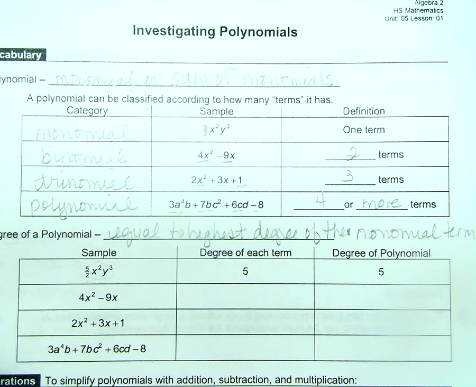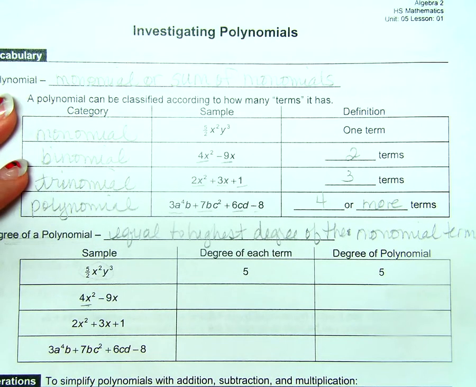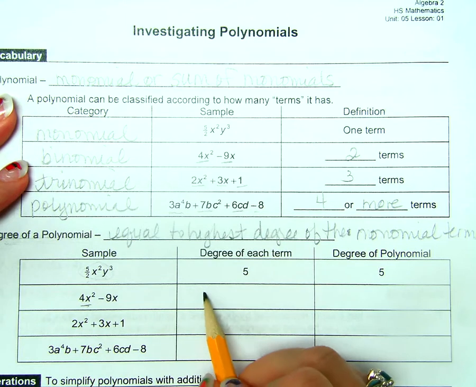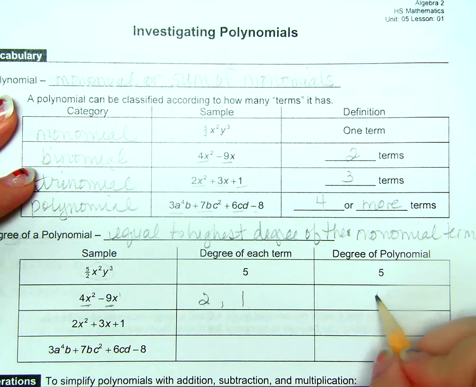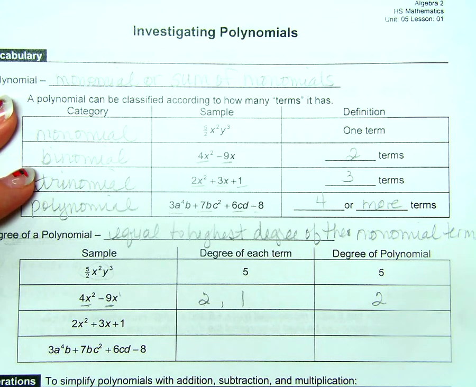So in the next problem, what's the degree of this first term right here? Well, the degree of the first term is 2. And what's the degree of the second term? 1, because remember there's a 1 as an exponent there. So which of these is higher? Hopefully you realize the 2 is higher, so that is the degree of the polynomial.